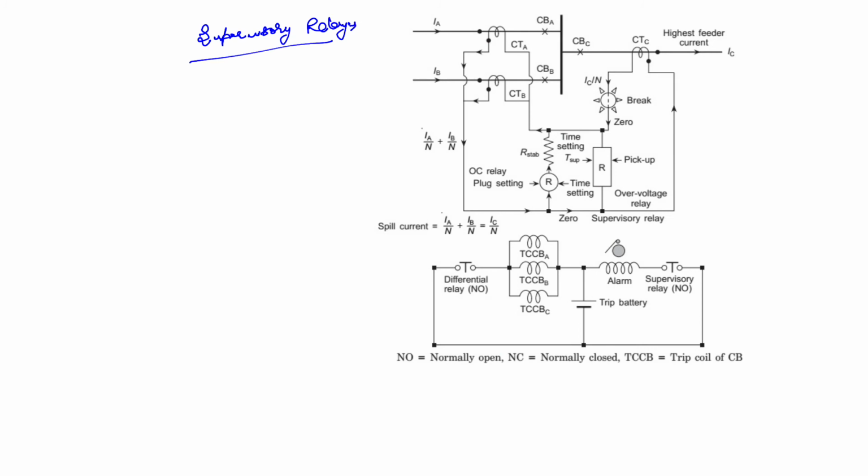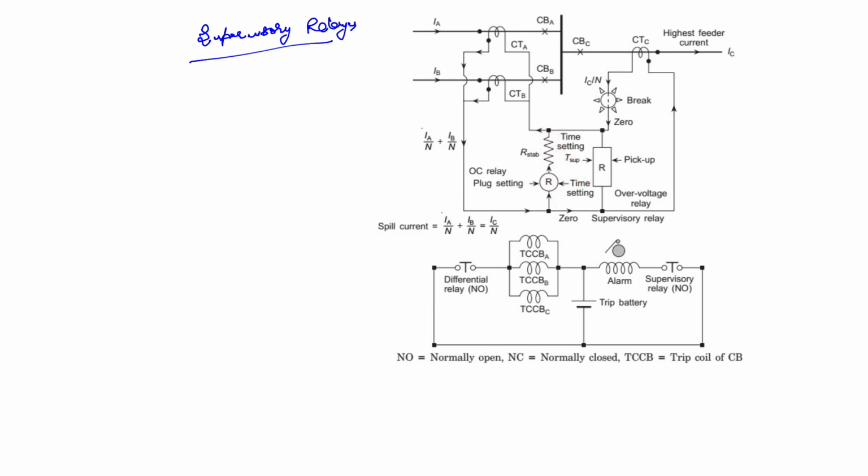The figure here shows the normal load being supplied by the feeders, and there is a break of the pilot wire coming from this CT C. This will cause a spill current equal to the current that was being contributed by CT C before the break occurred, as shown in the figure.